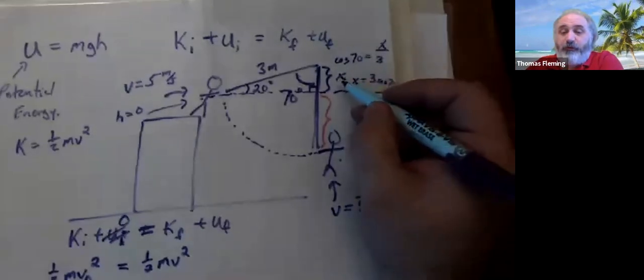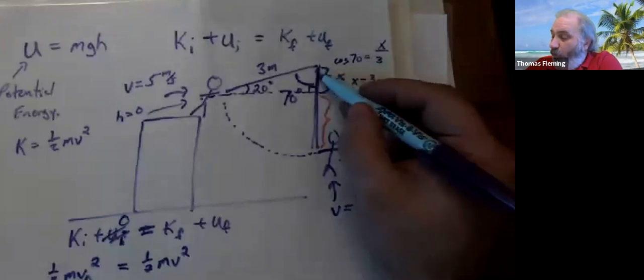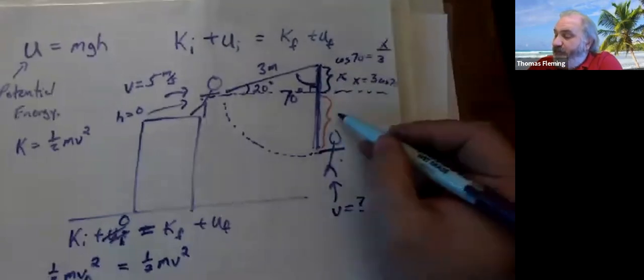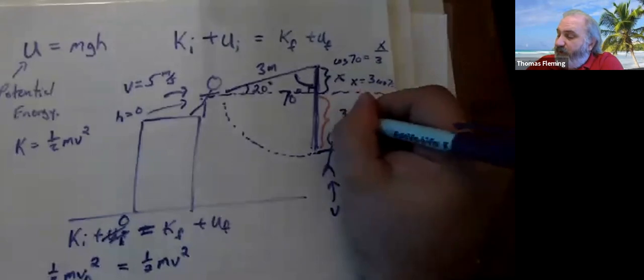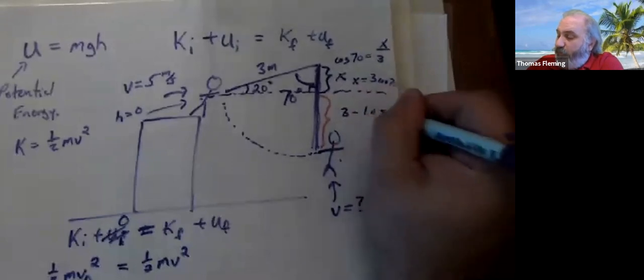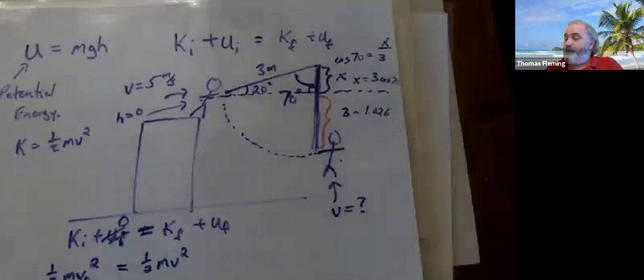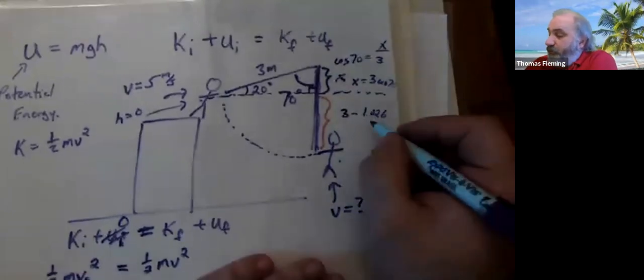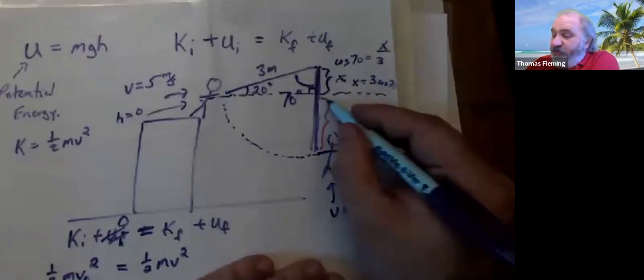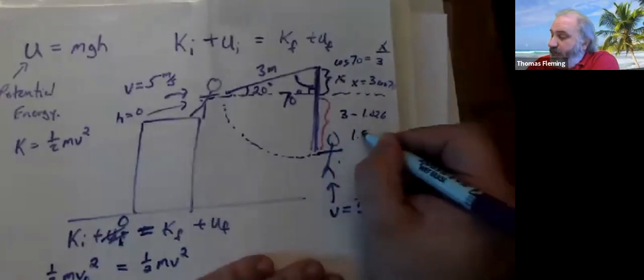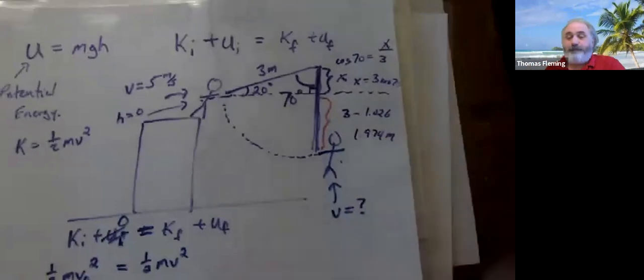But if this is 1.026 meters, and the whole web line is 3 meters, that means that this right here has to be a length of 3 minus 1.026 meters. So if I subtract, that tells me that Spider-Man at this location has to be about 1.974 meters below where he started. So this distance in red is 1.974 meters.